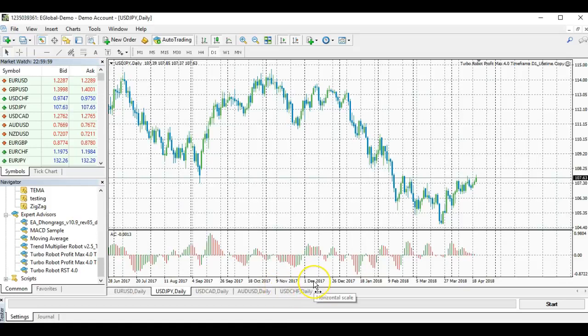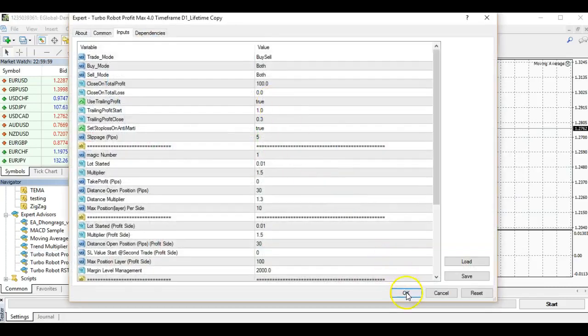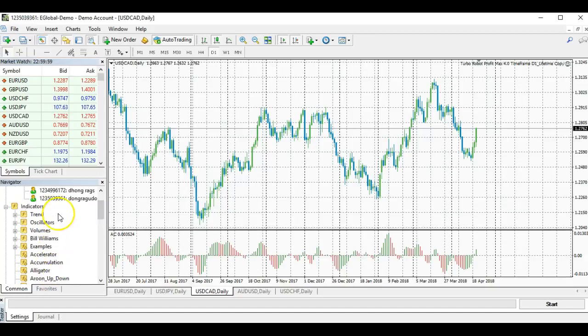If you want to add more, maybe USD Canada, you just add in another copy on another currency pair, and it will start to open up trades based on the signals and indicators that we are providing to you, using your daily time frame. So don't forget, you should be on the daily time frame.